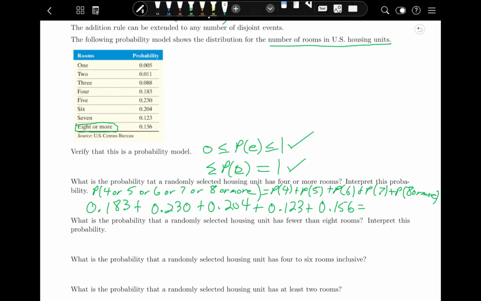When we plug that in our calculator, we get 0.896. So that's the idea there.